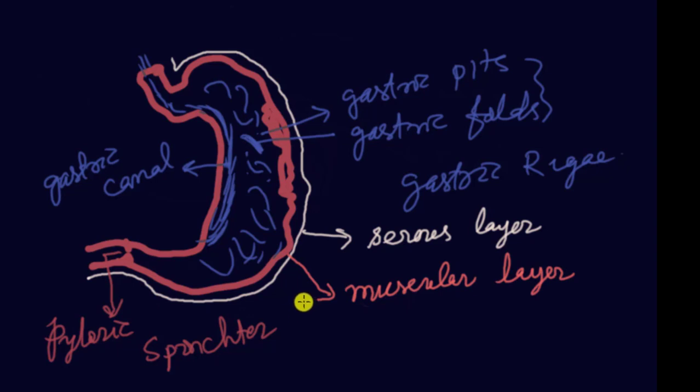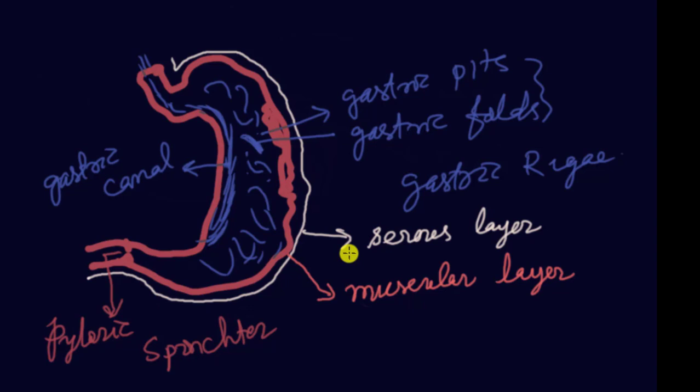Okay, so serous layer is the most outer part. Then we'll find the muscular layer. And in this muscular layer you'll mainly find the longitudinal muscles, the circular muscles, and the oblique muscles.